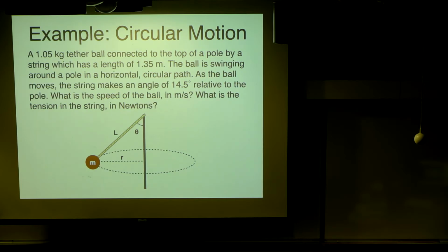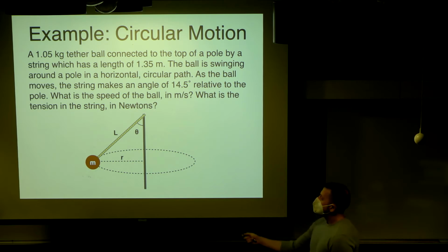So let's do an example. Let's do this one. This is the tetherball example. We did this in class way back, and I'm changing the question slightly, but we've seen this basic setup where you have a tetherball connected to the top of a pole by some kind of string. Let's say the tetherball has a mass of 1.05 kilograms, and the length of this connecting string is 1.35 meters.